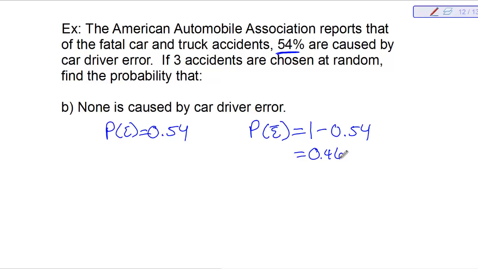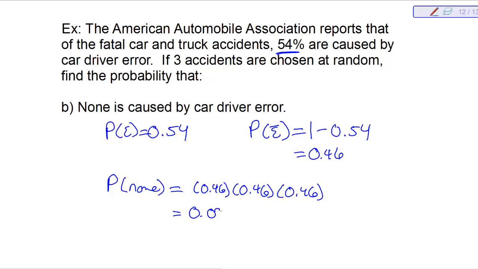So the probability that none are caused by driver error is going to be 0.46 times 0.46 times 0.46, because we're talking about all three of them, which is going to give me 0.097.